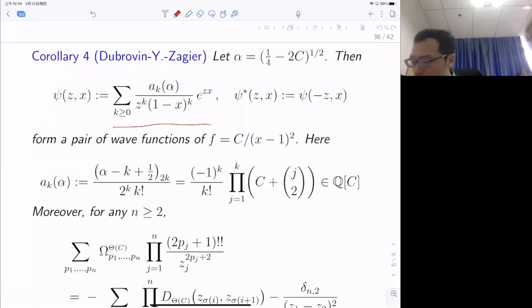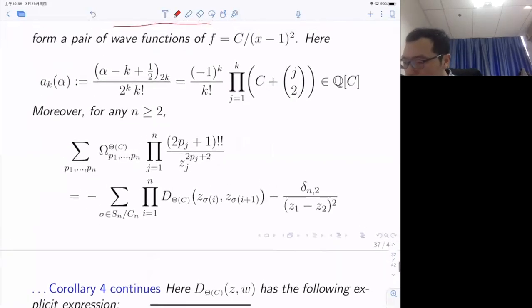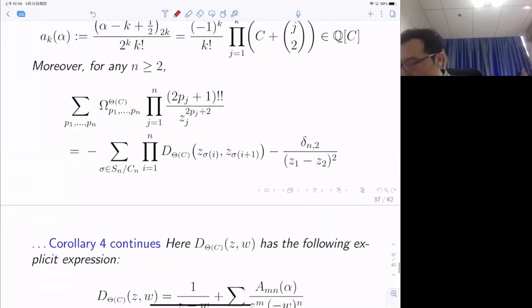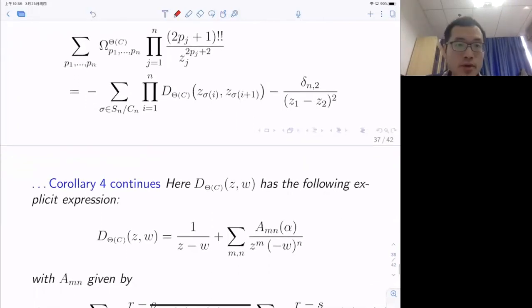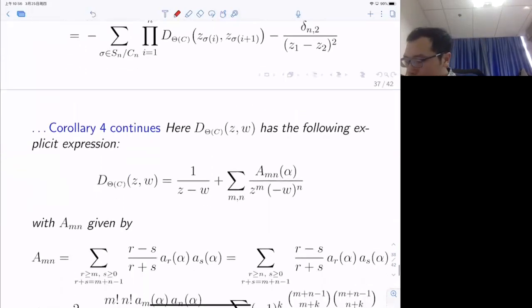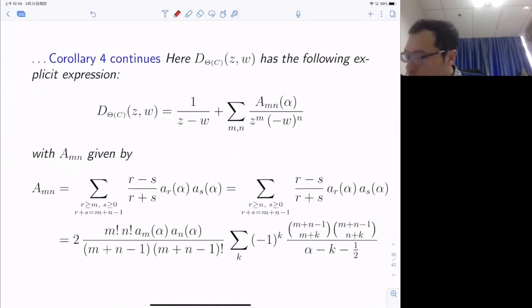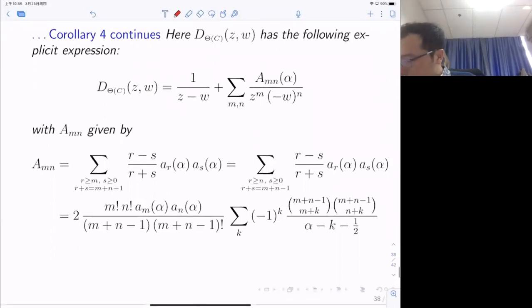So we get the generating series of these generalized BGW correlators in all genera. We also have an explicit expression of D. For the Witten-Kontsevich case, we didn't give D because it was already given by Jian Zhou. In this case, we gave the explicit computation for D, given in these three equivalent expressions.